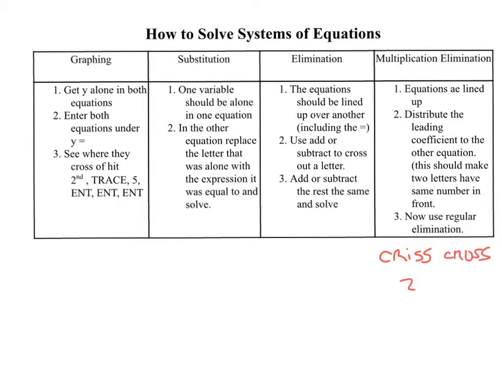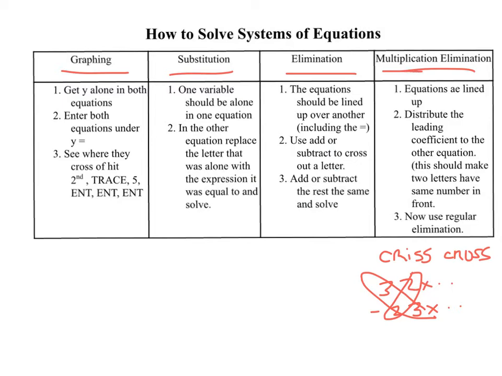That's when we have something like 2x plus blah, blah, blah, and 3x blah, blah, blah, and you take the 2 or the 3 and bring it up here, and you take the other and bring it down here, and then make one of them negative if they're both the same size. That's the crisscross method. But that's just elimination by multiplication. So those are your four: graphing, substitution, elimination by adding or subtracting, and elimination by multiplication.